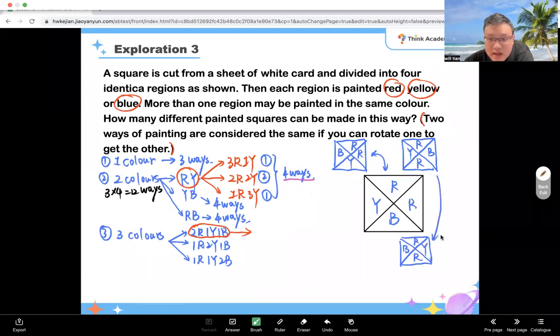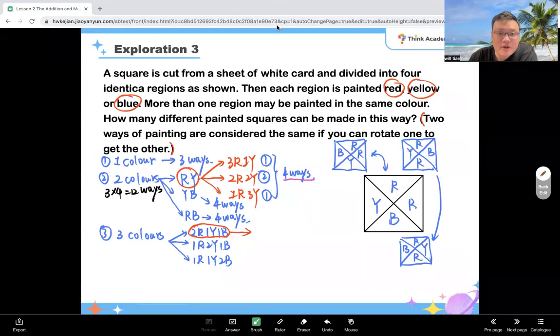Will these 2 be the same when you do the rotation? Yes, of course, right? When you do 180-degree rotation, you'll find that yellow will move on to right and the blue will move on to left. So these 2 basically are the same. You just count that by 1 time, right? So guys, I'm gonna erase this because these 2 are the same.